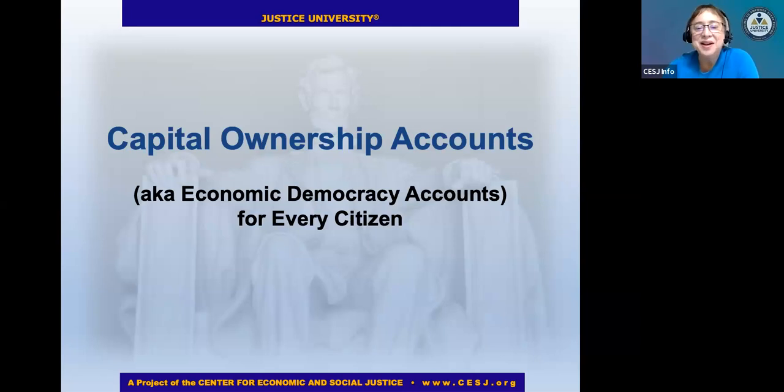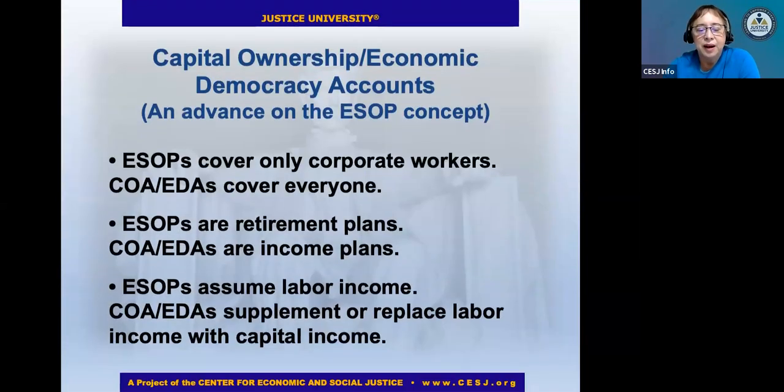Now, this is the most important of the mechanisms, and these are the capital ownership accounts. As we said, some of the limitations of ESOPs are that they only cover corporate employees, they are retirement plans, and they're based today largely on what you earn through your labor.